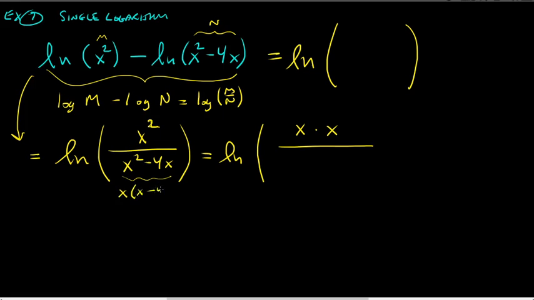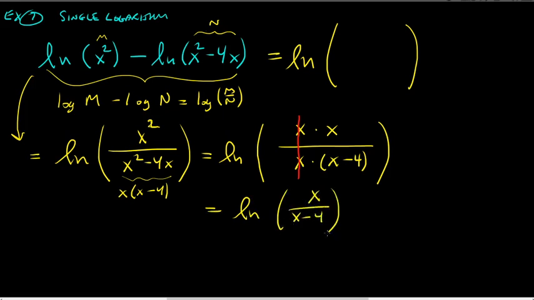This is x times x minus 4, all in the parentheses. Now, because you're just multiplying here and here, you can cancel one of the factors of x. But you can't do it there. That would be wrong. So this is really just the log of x over x minus 4 after you simplify.